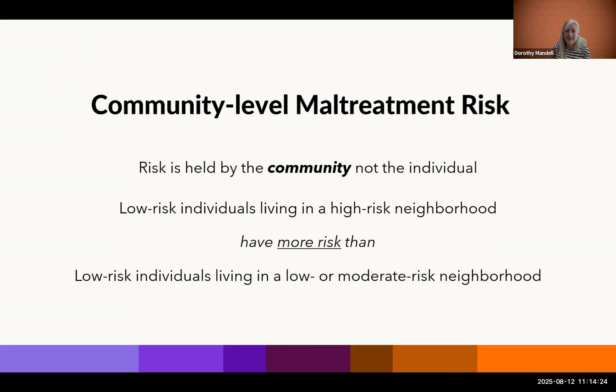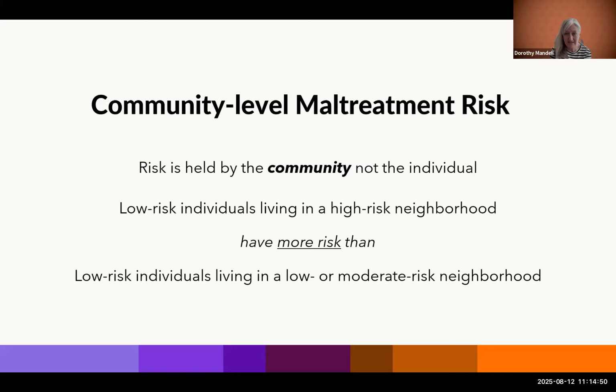So again, with the community maltreatment risk maps, we are really looking at community level. This is also built upon the idea and the truth that low risk individuals living in a high risk neighborhood have more risk than low risk individuals living in a low or moderate risk neighborhood.